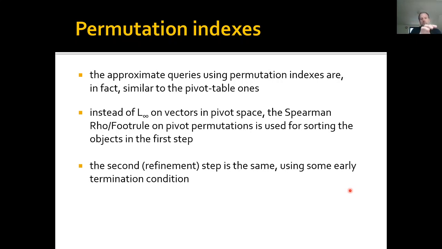So we get an even more compressed version of pivot tables. And this is essentially an approximate index from the beginning. I cannot make exact queries with this index, because we lose the real values, but because of the permutations, it will be correlating with the metric space.